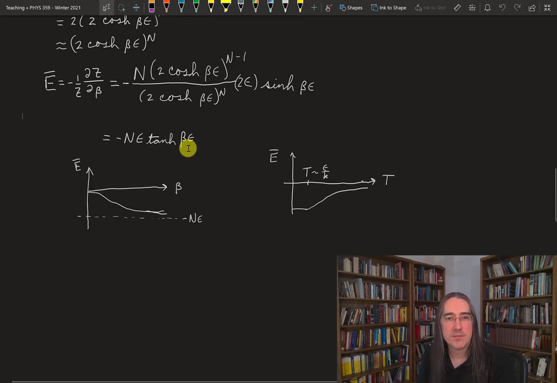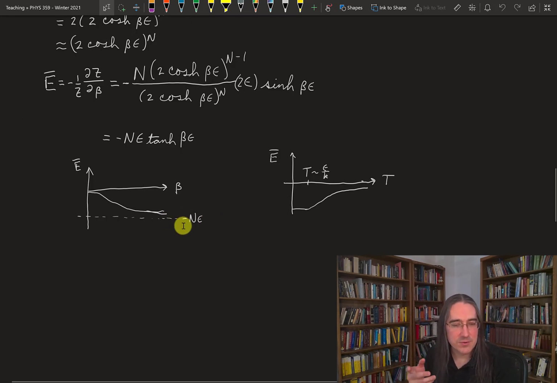If you think about it, it's hyperbolic sine over hyperbolic cosine. As you take x to be large, the e to the x part of the sinh and the e to the x part of the cosh completely dominate the e to the minus x, and so that ratio becomes 1. So what we see is that the energy as a function of beta goes to 0 at 0 beta and asymptotes to minus n epsilon as beta goes to infinity.